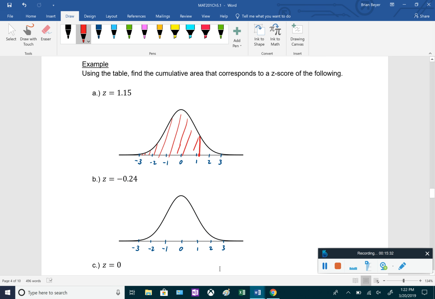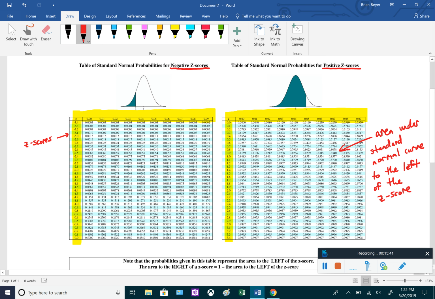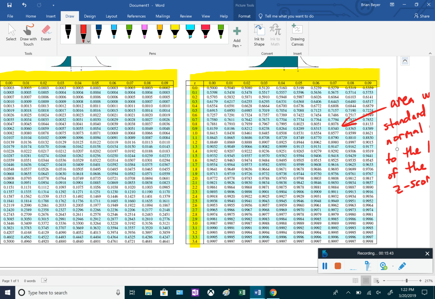We're looking for the cumulative area underneath the curve for a z-score of 1.15. It's positive, so we're using the table on the right. We have to go over here. So here's 1.1, and then we have to go to the hundredths place value of 0.05, which is up here.